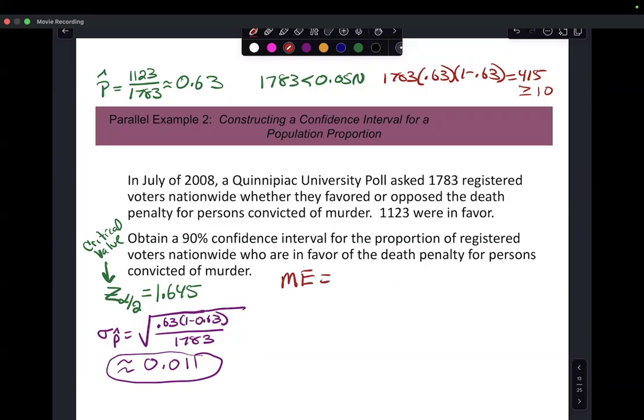My margin of error is our z-score times our standard deviation, so it's z sub alpha divided by 2 times sigma sub p hat. So our margin of error is going to be 1.645 times 0.011. I'm just going to use the number that I already have in my calculator: 1.645 times the previous answer.